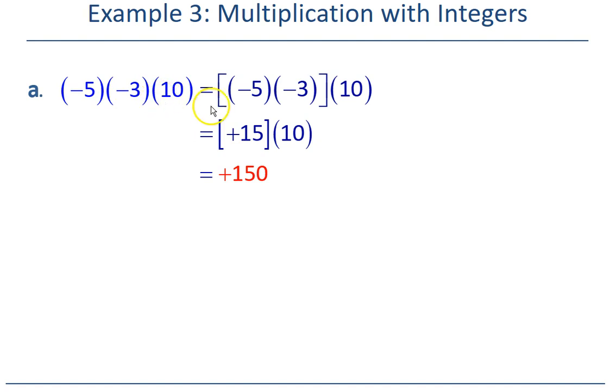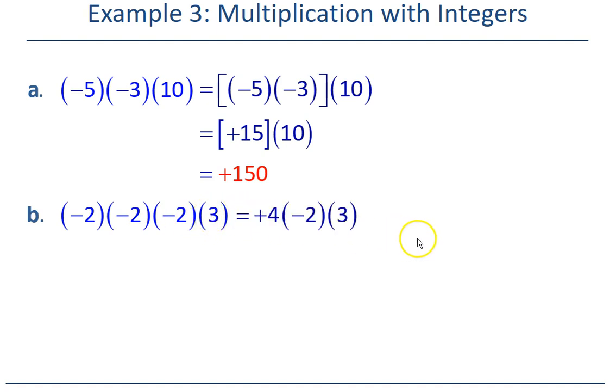Now you could have done it the other way, but again you're looking for intuitive, reasonable ways of doing things. Now, another rule, too, is if you have an odd number of negative factors, your answer is going to be negative. So sometimes it's significant to determine what the end sign would be. So negative times negative times negative is a negative 8. Times 3 would be a negative 24.